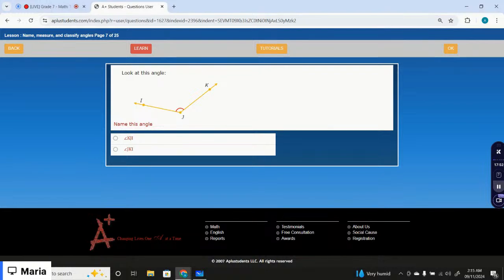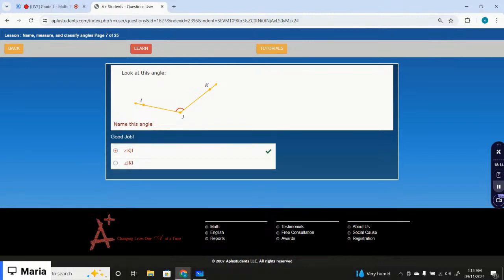Look at this angle. Name this angle. That is angle KJI because J is the vertex. So that is KJI. Option number one is the correct option.